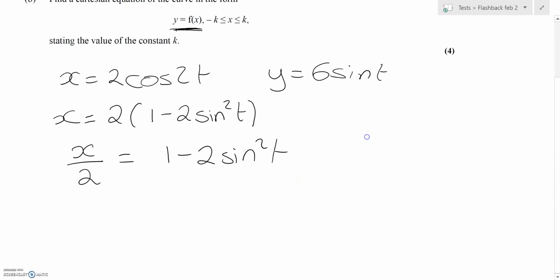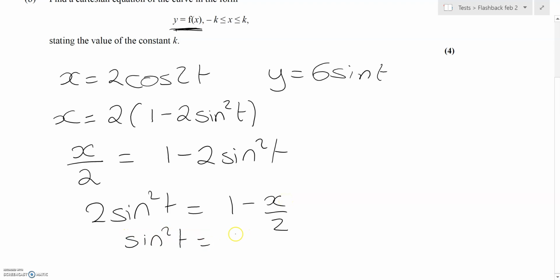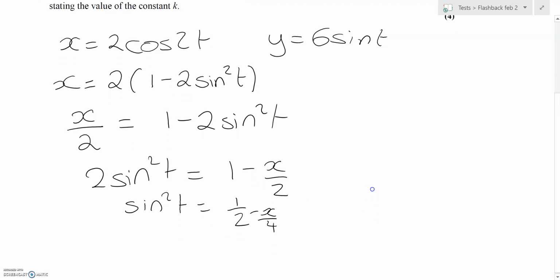Rearranging this to make sine the subject, we bring the sin squared to the left and take the x over 2 to the right. And so sin squared t is equal to a half minus x over 4.